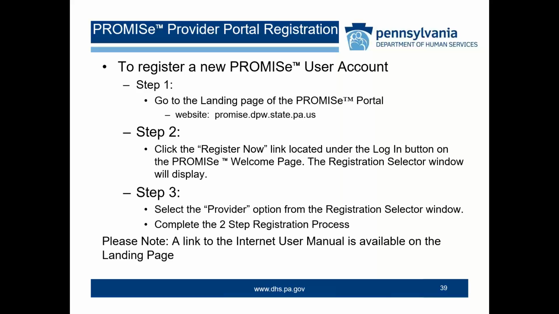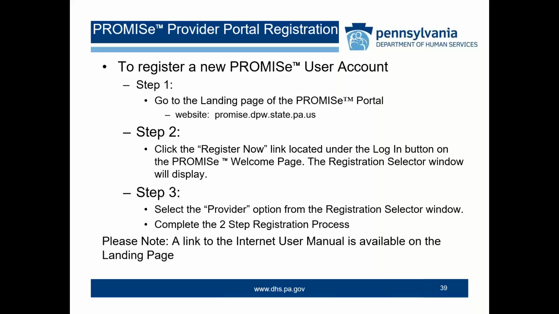Now, to register a new PROMISe user account, you want to go to the landing page of the PROMISe portal. Again, the website, it's the same one. You want to click the Register Now link, which is located under the Login button on the PROMISe landing page or welcome page. And then you will receive the registration selector window.